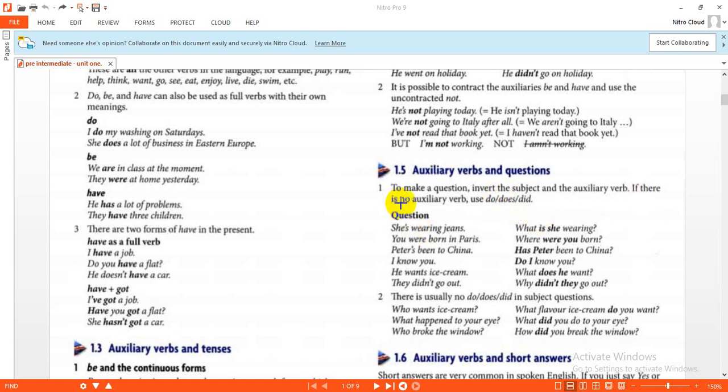If there is no auxiliary verb, use do, does, did.